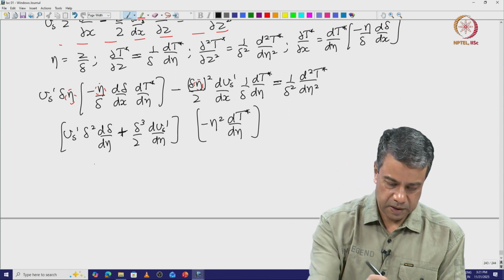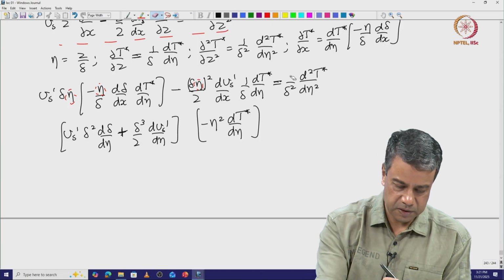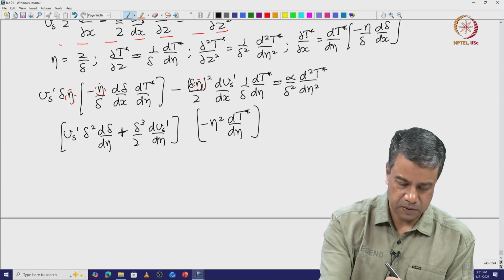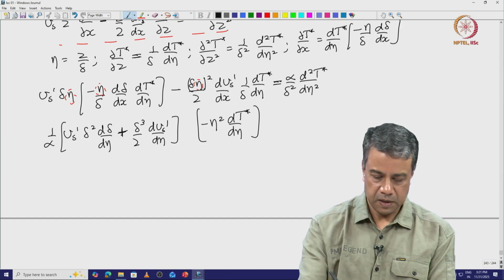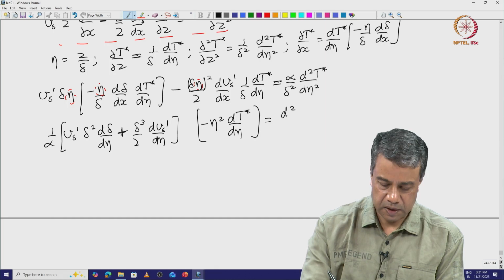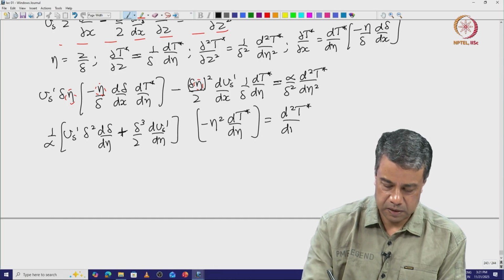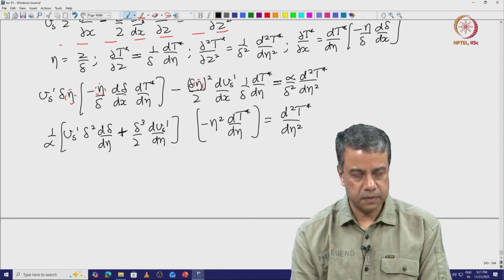And I made a mistake here because I have to have a thermal diffusivity in front. So, I should put the thermal diffusivity there, 1 by alpha, is equal to d square T star by d eta square.